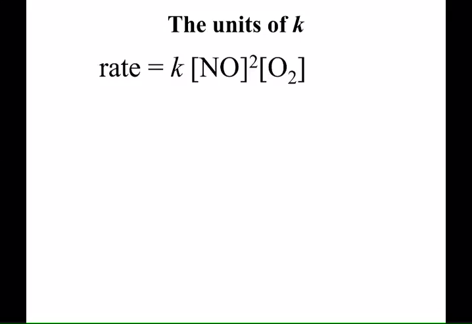Well, this was our rate law expression. We came up with second order for NO and first order for O2. We know that the units of the rate always need to be moles per liter per time, in this case moles per liter per second. That's our target.